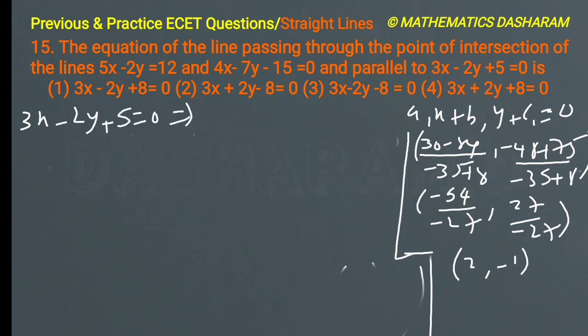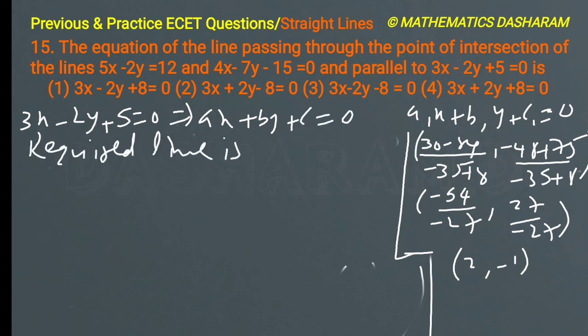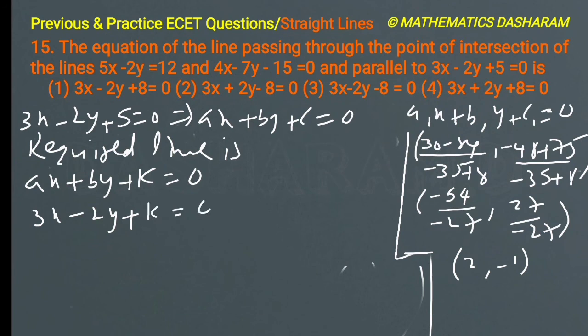Compare 3x minus 2y plus 5 equals 0 with ax plus by plus c equals 0. Then the required line becomes ax plus by plus k equals 0. So a means 3x and b means minus 2y. Just one constant number will change because the line is parallel to 3x minus 2y plus 5 equals 0.